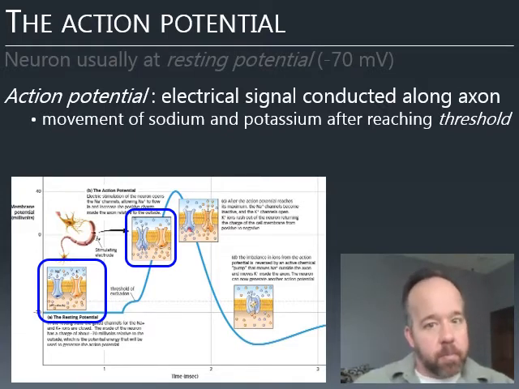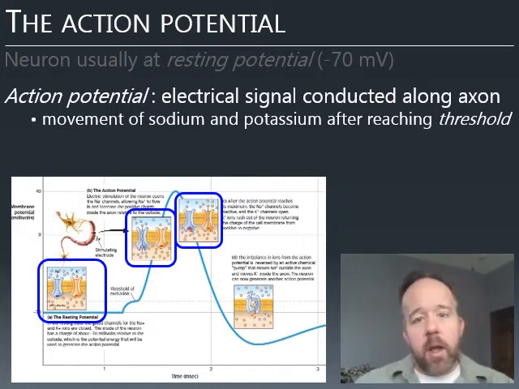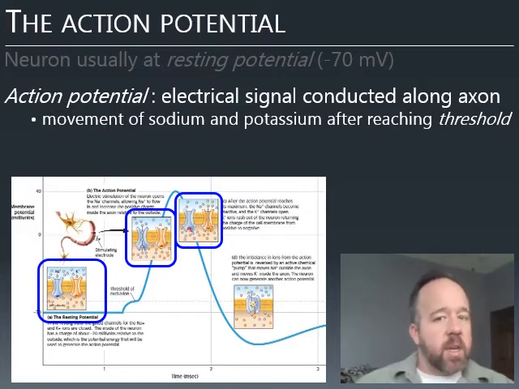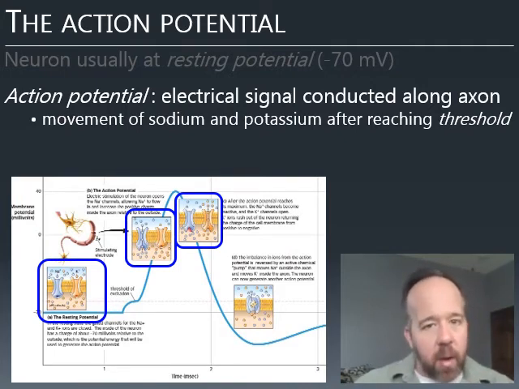Sodium comes in. After that, potassium channels open up. So potassium channels are ion channels that are sensitive to voltage and allow potassium to pass through. Now, because there's so much potassium inside the neuron, potassium wants to get out. And also, because all the sodium is now inside, there's now positive charge on the inside, and that also drives potassium out.